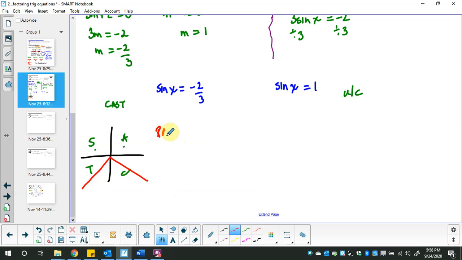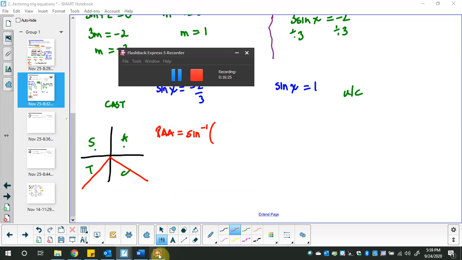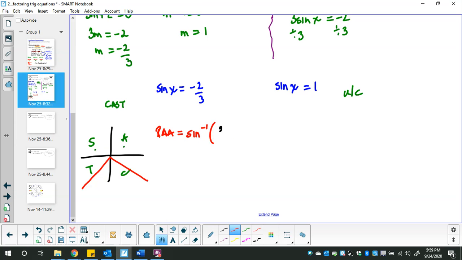So RAA equals sine inverse of, break for a cough. Wow, itchy throat. Didn't mean that. Sine inverse. And you have to remember from the last lesson that you don't put negatives into your calculator. Technically, all the negatives are telling you to do is where to put these red terminal arms. So I need to dig out my calculator. See if I can find it.